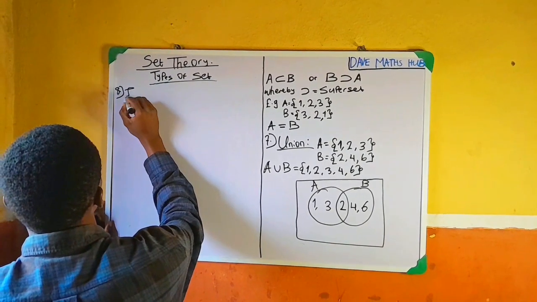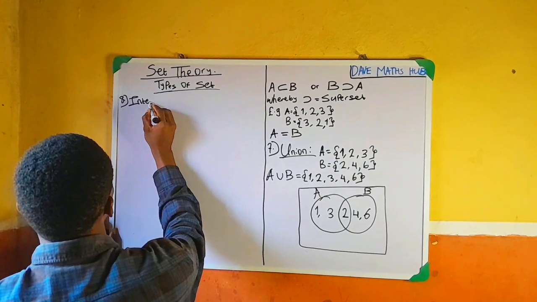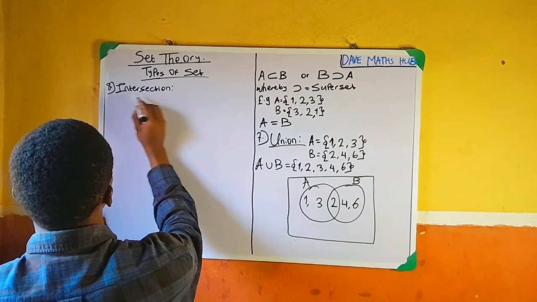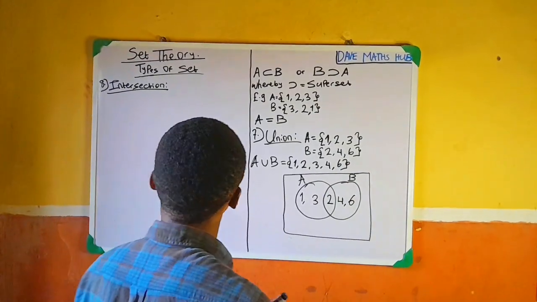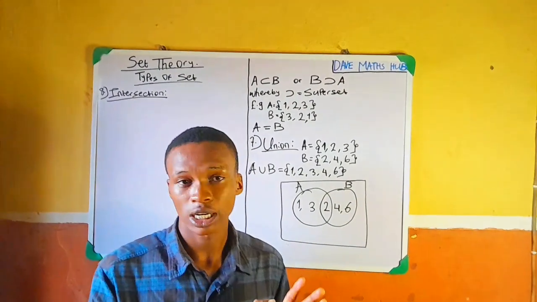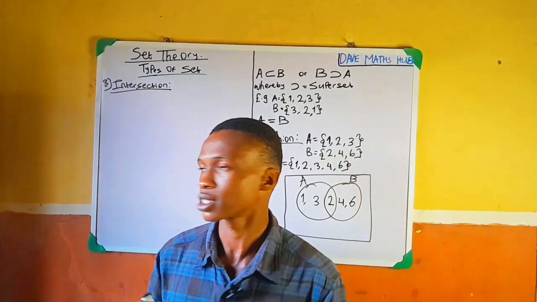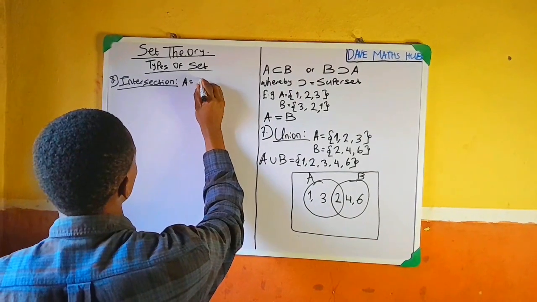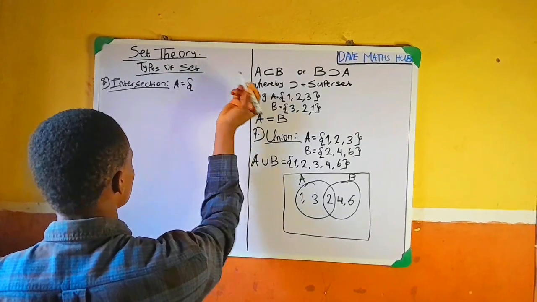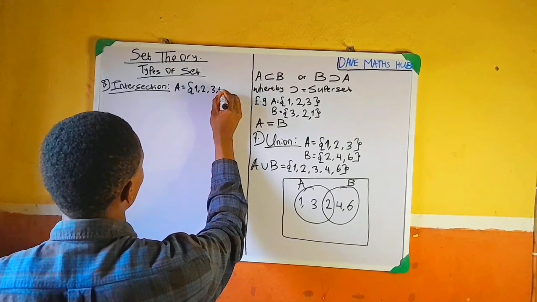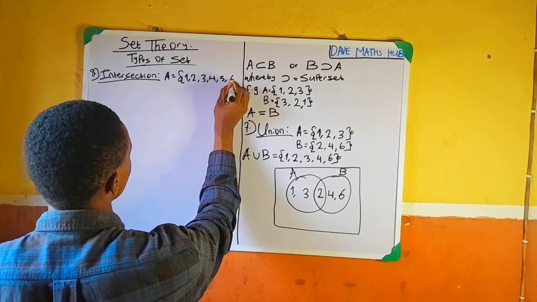Number 8, we have intersection. This intersection talks of the particular elements found in a set which can also be seen in another set. What do I mean? Let's say we have A equals 1, 2, 3, 4, 5, 6.